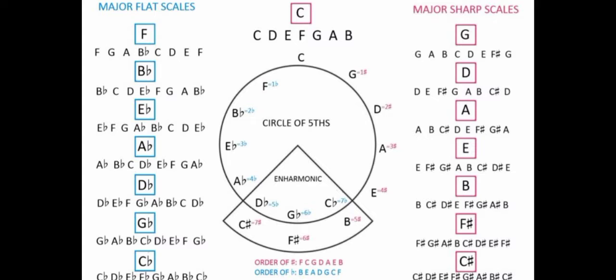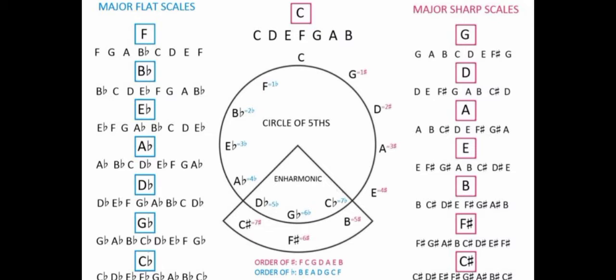So let's go back to our C major. It's C, D, E, F, G, A, B. So now we have the C major scale, and now we want to find the G major scale. So the G major scale is going to be like this. Any letter that we start with will be the first root note of our scale, which means G is the first letter, which means G is our root note.